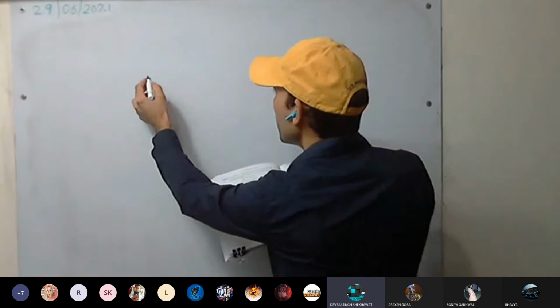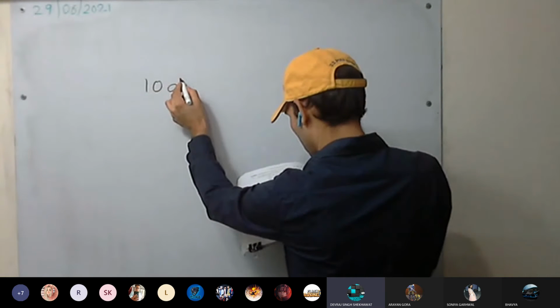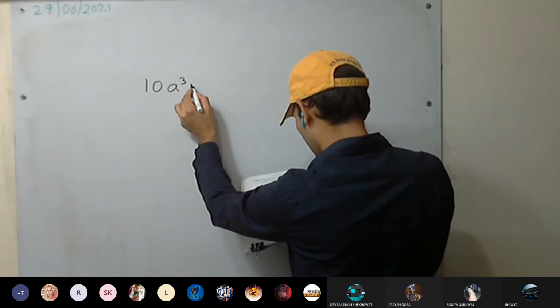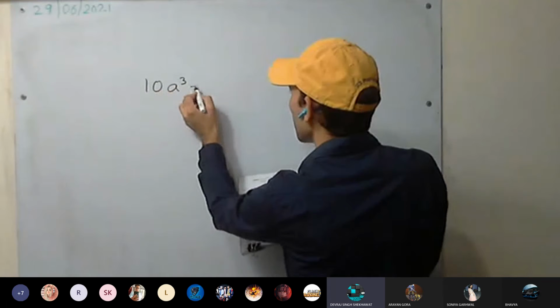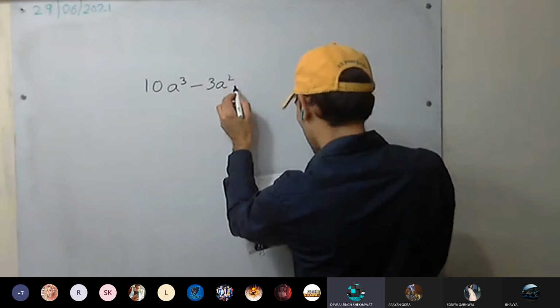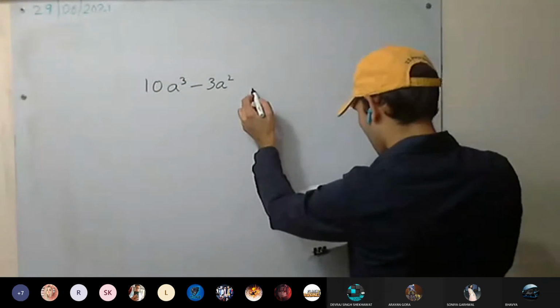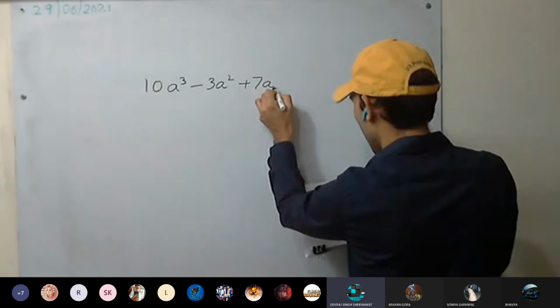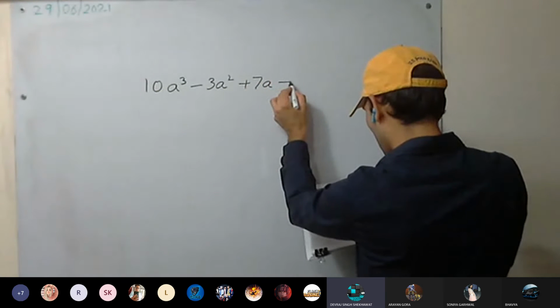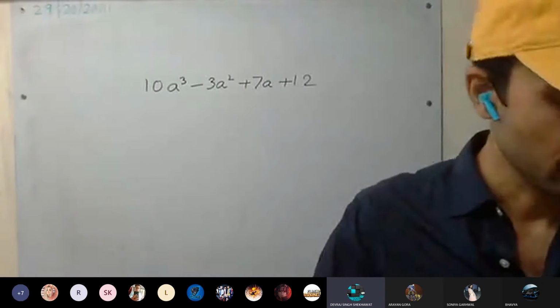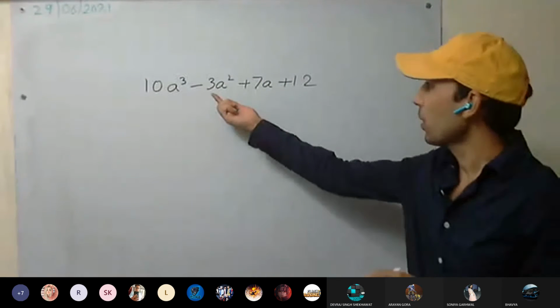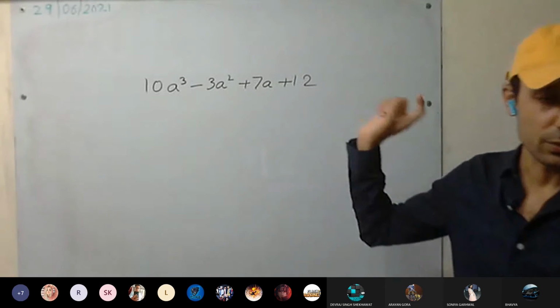Are you getting 10a cube minus 3a square plus 7a plus 12? Yes, sir. This is the sum of the two numbers.